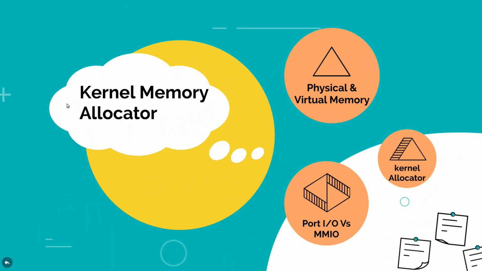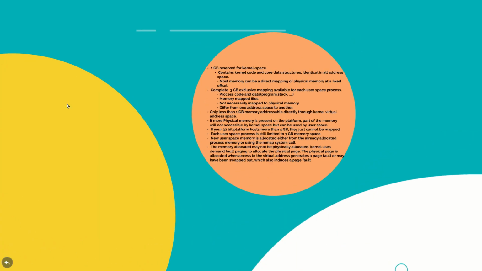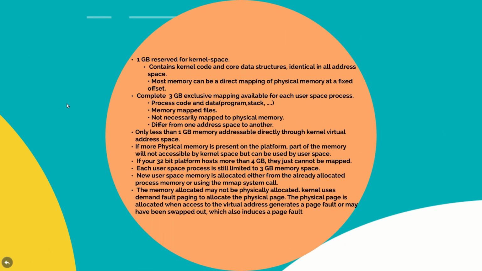Before going to the kernel memory allocator, I just want to show you a few points related to physical memory and virtual memory. 1 GB is reserved for the kernel space in the virtual address space. It contains kernel code and the core data structures, identical in all address spaces. Most memory can be a direct mapping of the physical memory at a fixed offset.